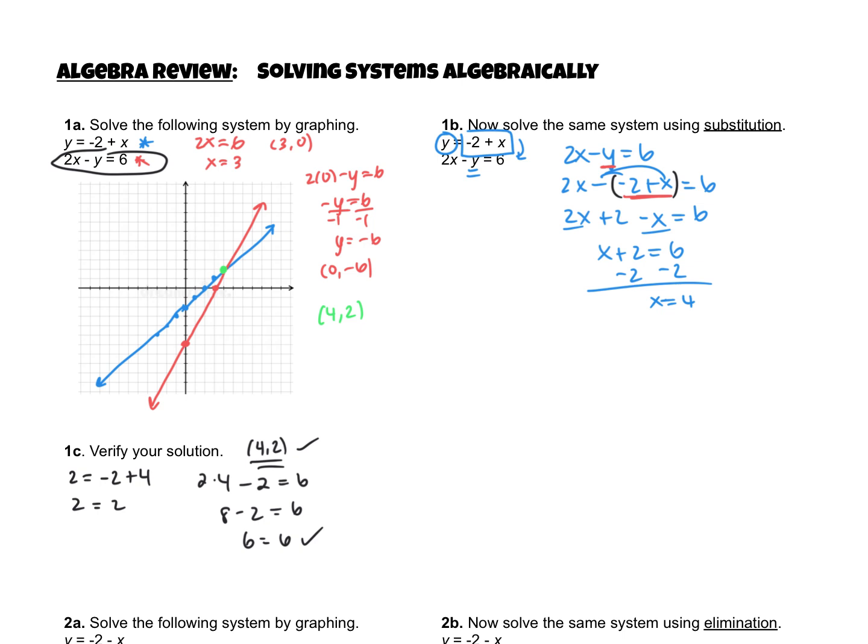We are not done. We still need to find y. What do we have to do to find y? You have to plug 4 back into one of the equations. Which equation would you like to use? First one. Yeah, let's use the first one. Let's pick the easier one. So we get y equals negative 2, add x, which is 2. So our solution is 4, 2.